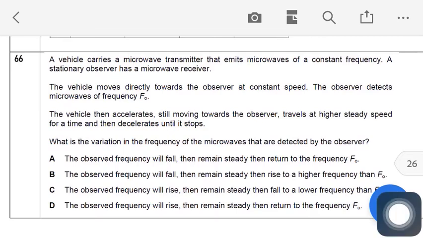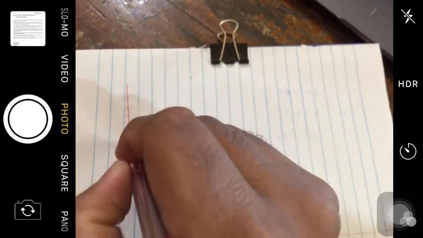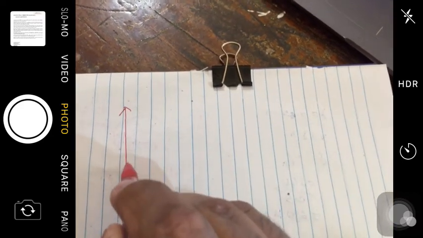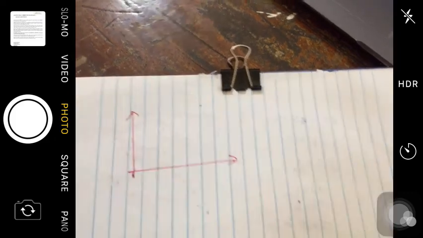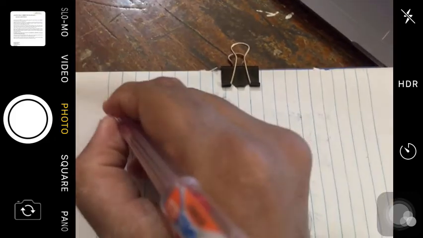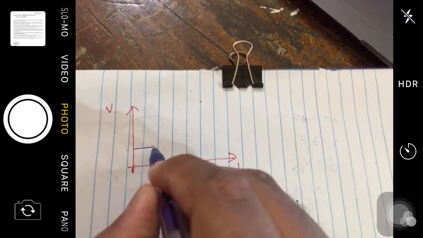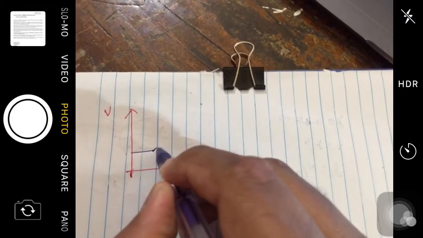Okay, so if you look at the velocity time graph, first it is traveling with a constant speed, then it accelerates.